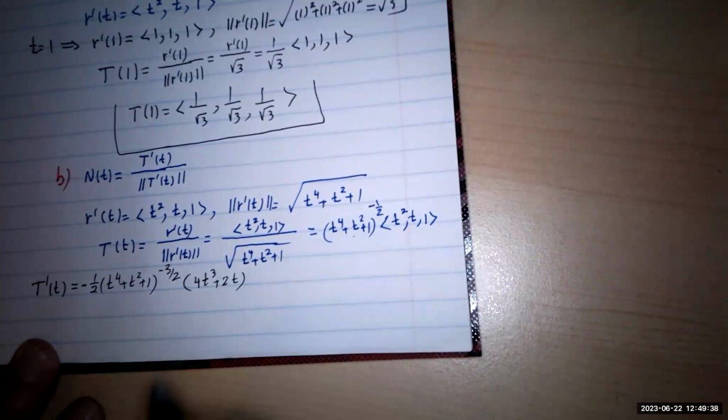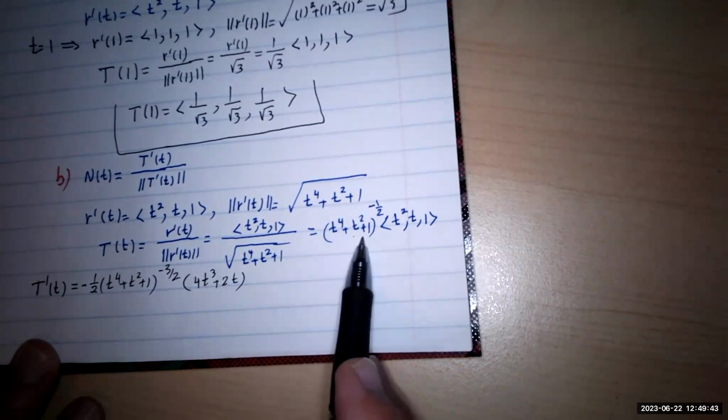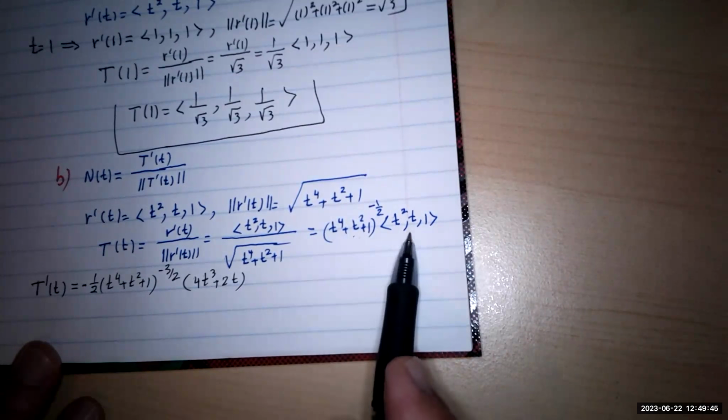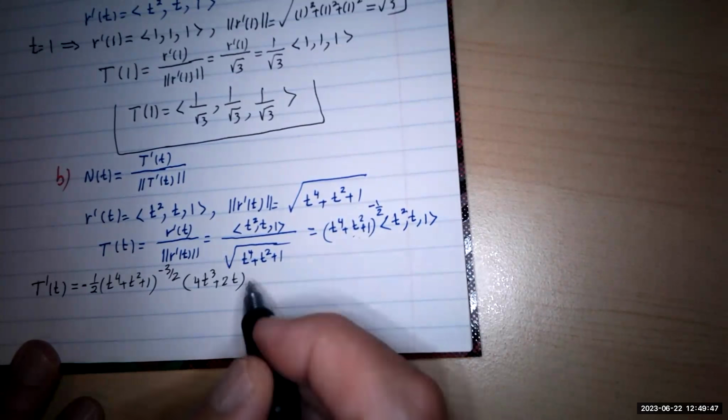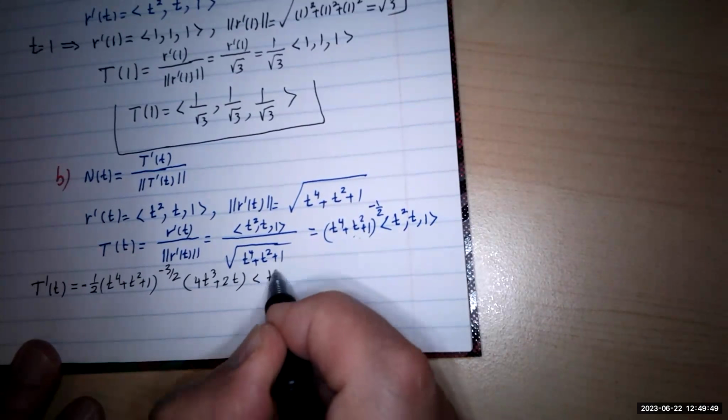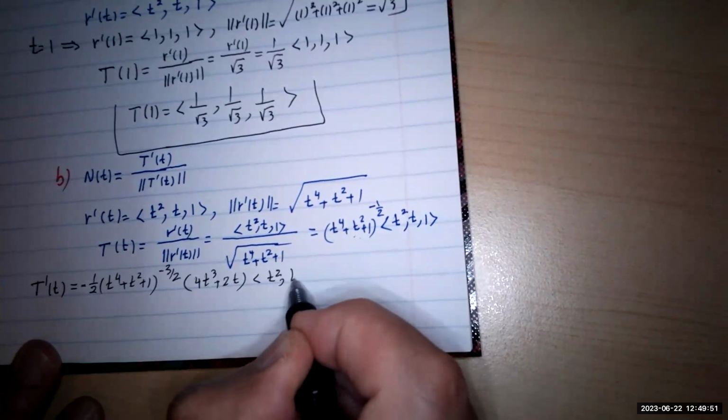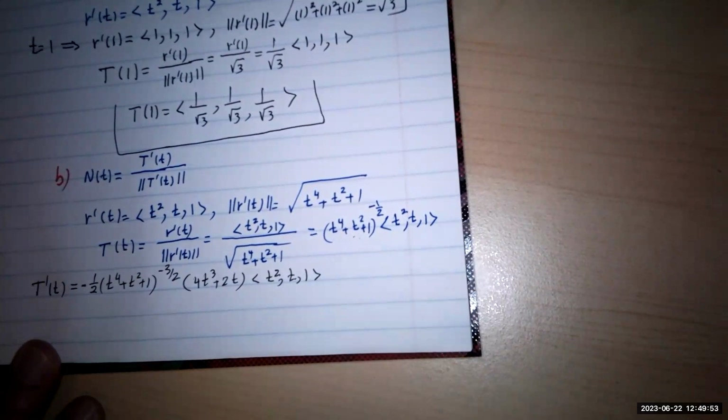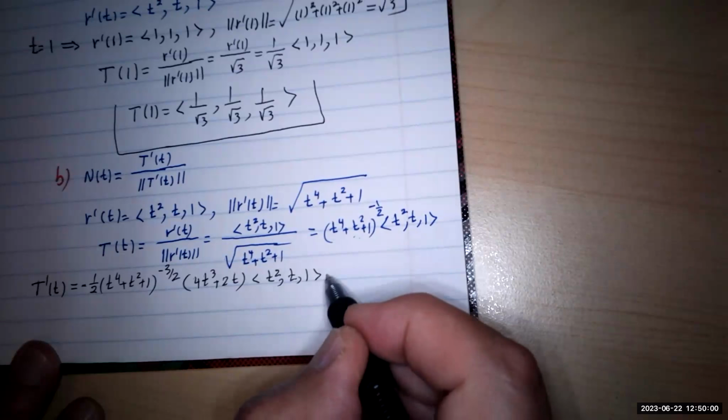This is the derivative of the first one, which is all scalars. It's going to be derivative of the first times second. The second is a vector, so we times it by t squared, t and 1. Okay, that's derivative of the first times second. Now it's going to be plus derivative of the second times first, which is easy.